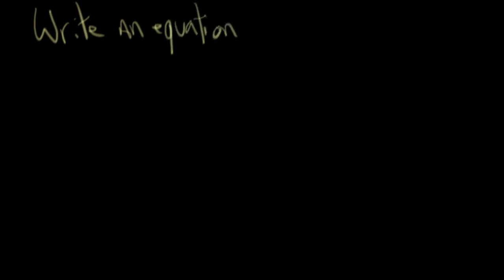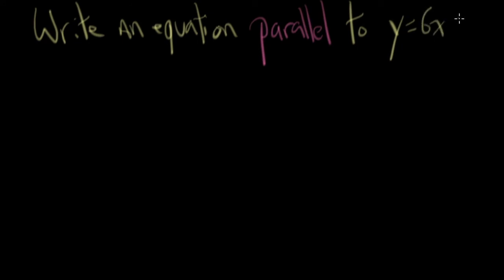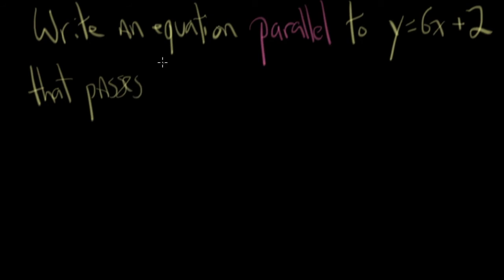Write an equation, and depending on what your teacher's asking, write an equation parallel to y equals, I'll just go 6x plus 2. And then they're always going to give you something that the line passes through. So that passes through, and then they're going to give you an ordered pair. So it passes through, I don't know, let's say it passes through 3, 4.